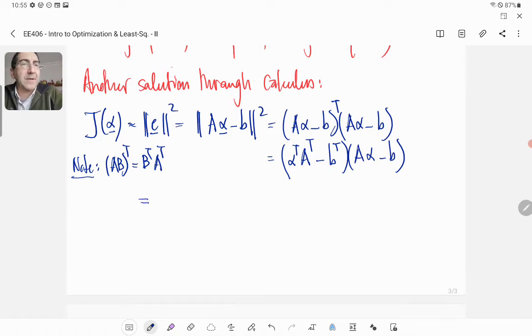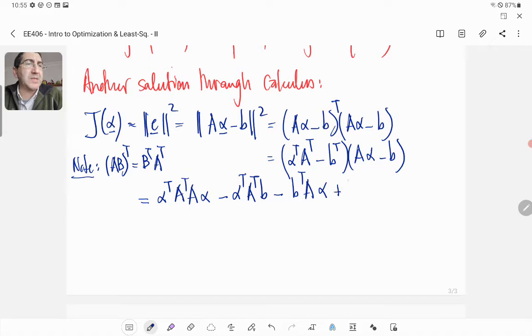We have alpha transpose A transpose A alpha as the first term. Now the second term, minus alpha transpose A transpose B, minus B transpose A alpha, and plus B transpose B.